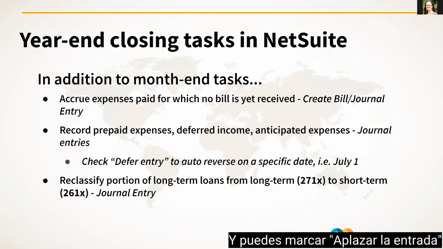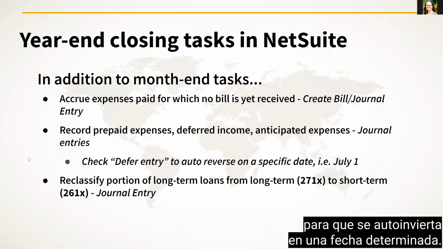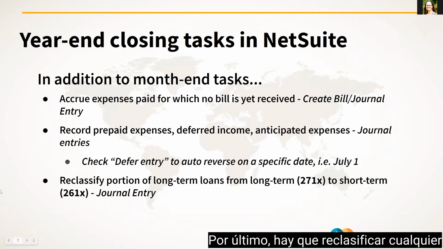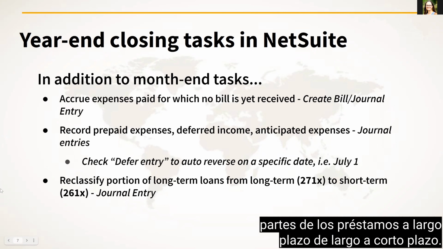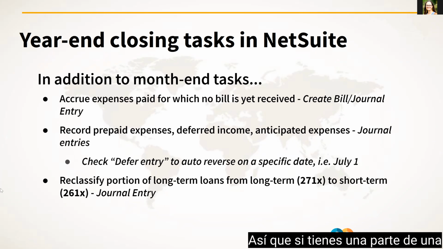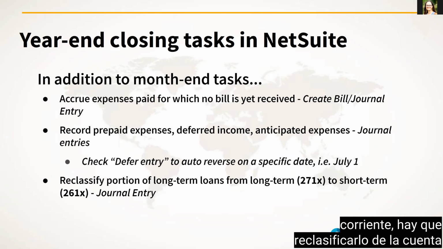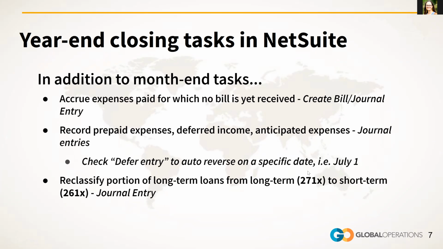And you can check defer entry to auto reverse on a specific date. Lastly, you need to reclassify any portions of long-term loans from long-term to short-term. So if you have a portion of a long-term loan that's going to become current, you need to reclassify it from account 27-1 something to 261 something.